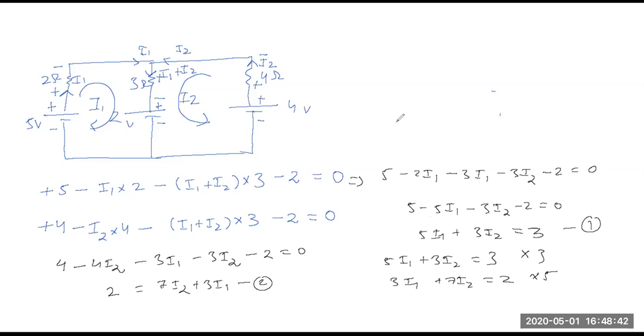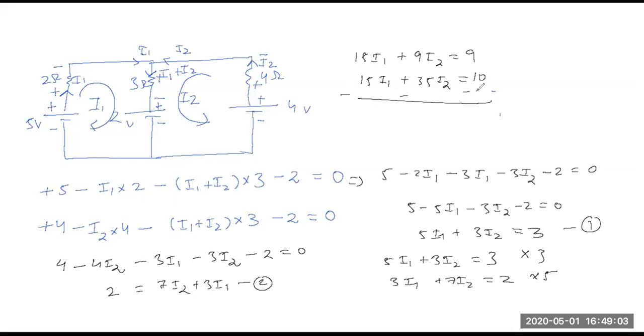So what I'll get here is this, that 15i1 plus 9i2 equals to 9, and here I'll get 15i1 plus 35i2 equals to 10.